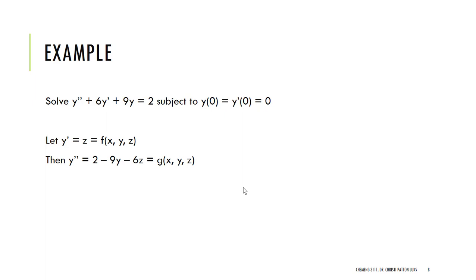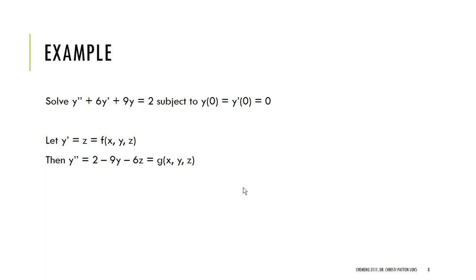The second derivative of y plus 6 times the first derivative plus 9y is equal to 2. And our initial conditions in this case are y of 0 and y prime of 0 are both equal to 0. So what we want to do is say y prime is equal to z. Now this z will be a function of x, y, and z, so that's going to be my first equation.